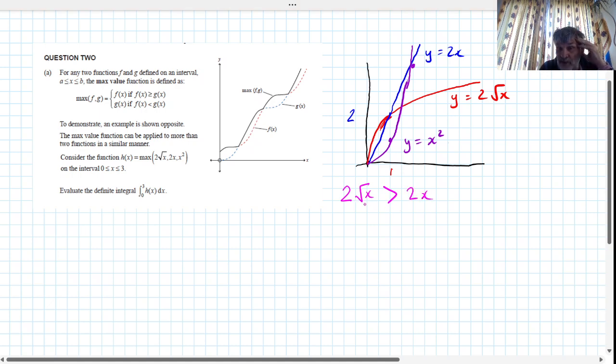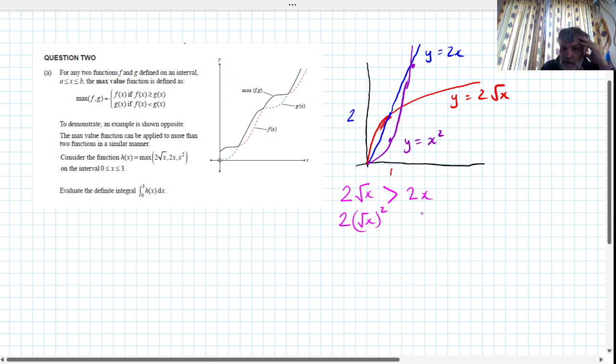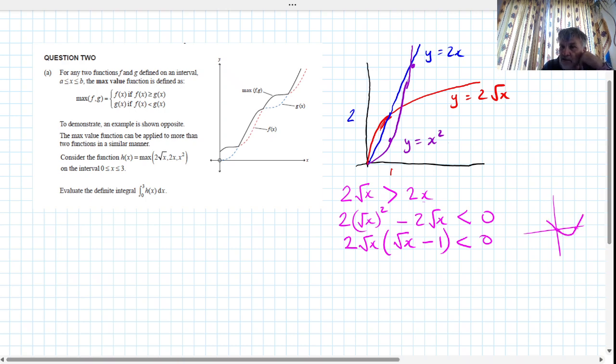Now this is a quadratic in root x, so we could rearrange this. 2 root x squared, that's the left-hand side, minus 2 root x, shifting that over here, and then changing this around will be less than 0. And this will be 2 root x common factor times root x minus 1 is less than 0. Now this is a quadratic, goes through 0 and 1, and it's less than 0 between those roots.